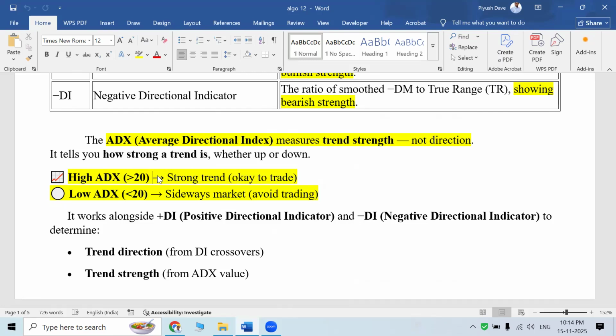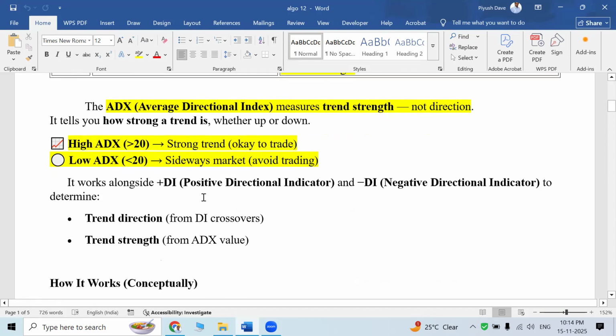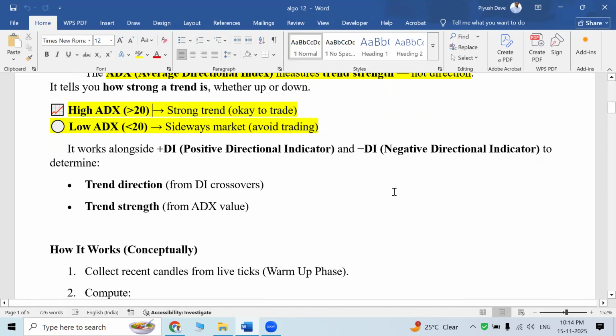Now, when the trend is known, you need to find out which side the trend is on. ADX talks about the strength, not the direction. Direction is calculated from plus DI and minus DI. Plus DI is positive directional movement, and minus DI is negative directional movement.